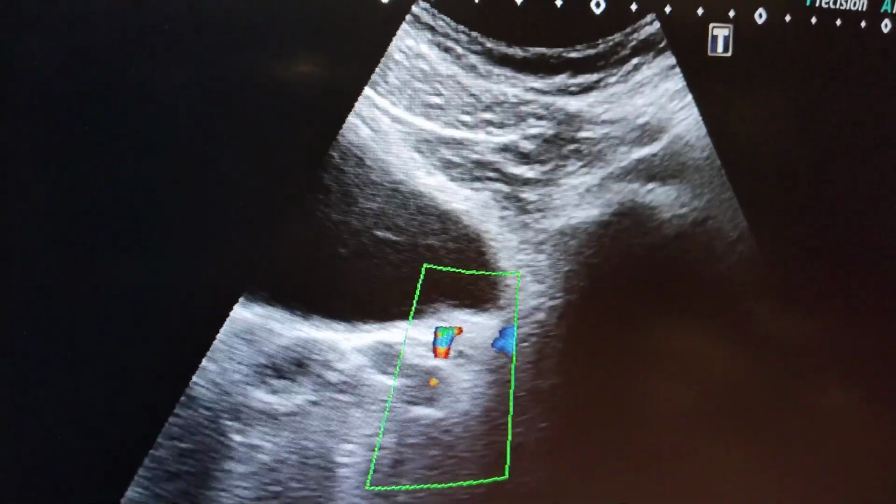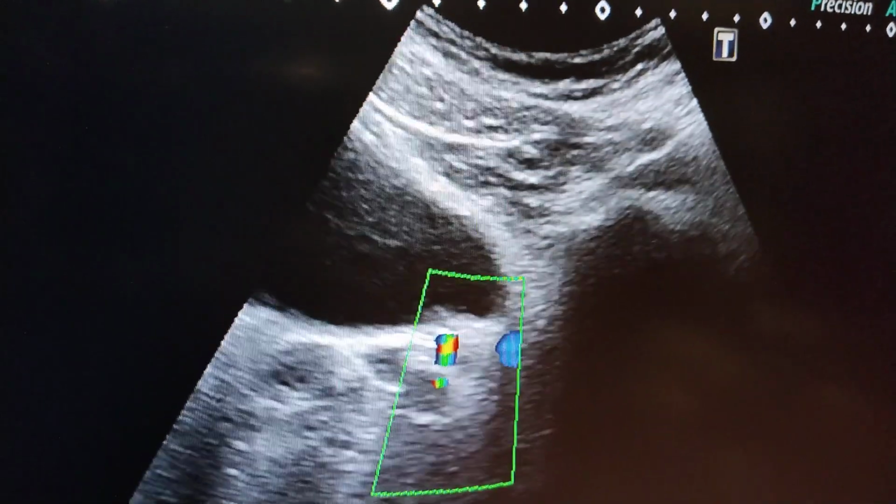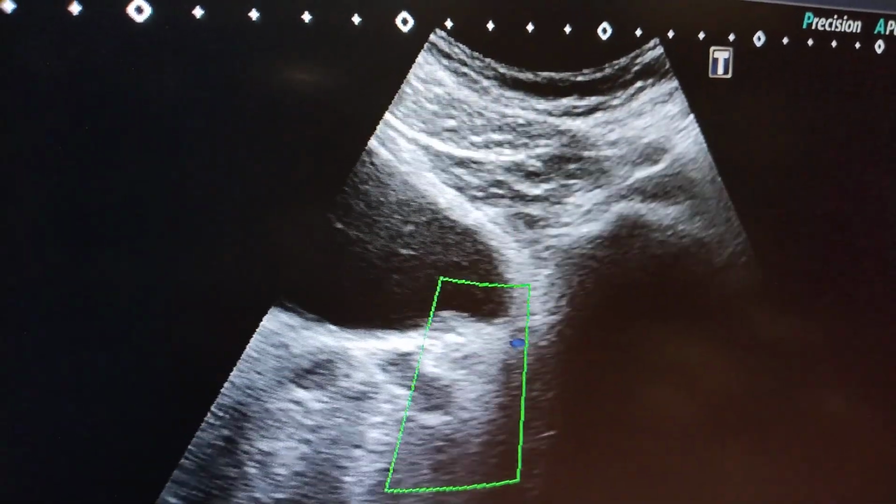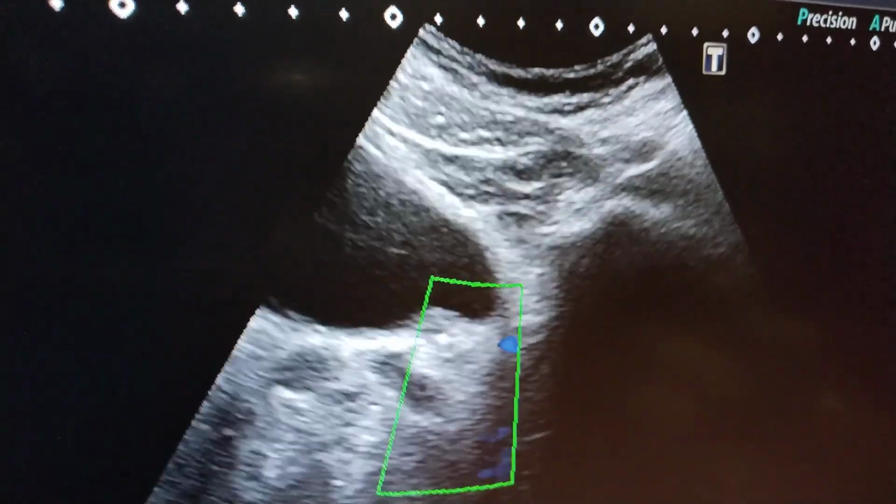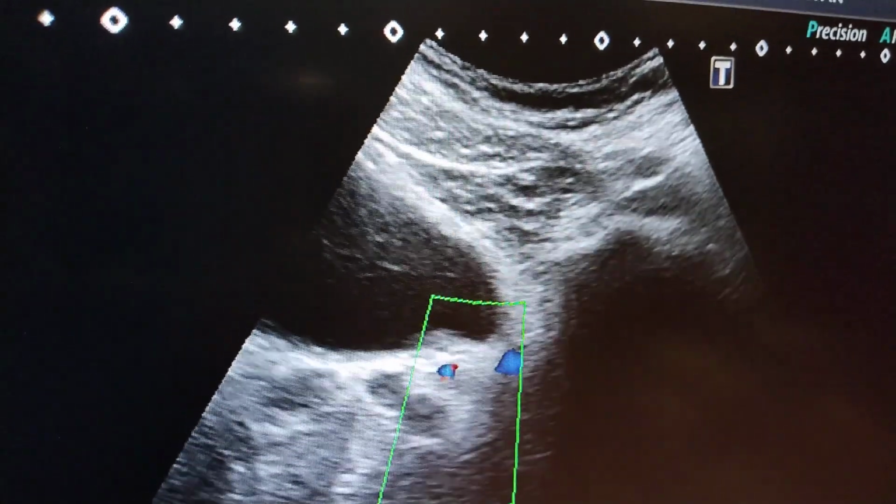So a small stone may not give posterior shadowing, so use the color to see the twinkle artifact.